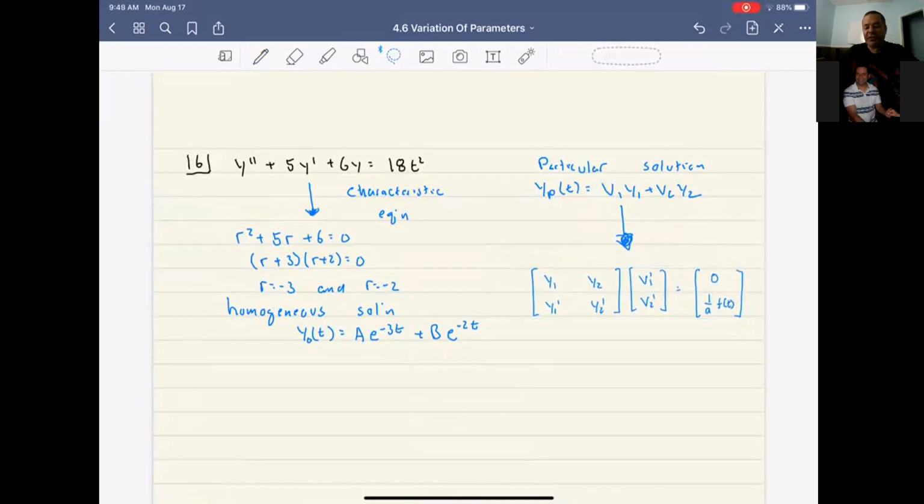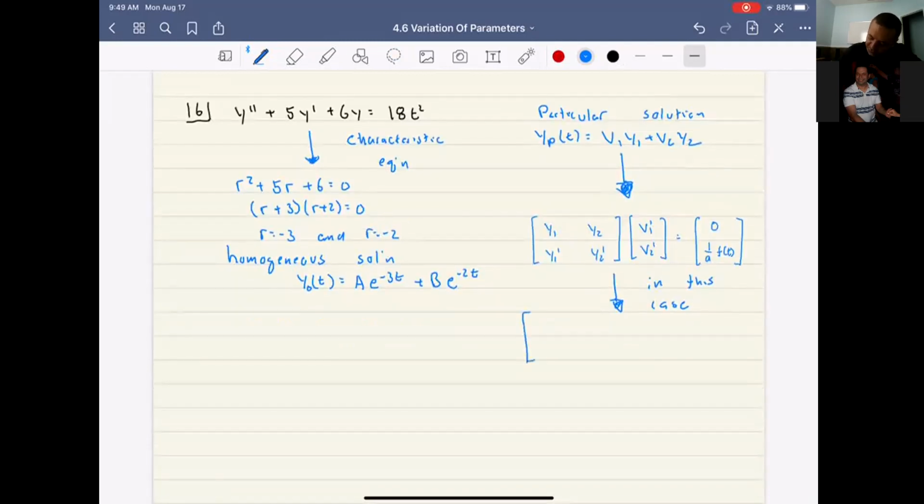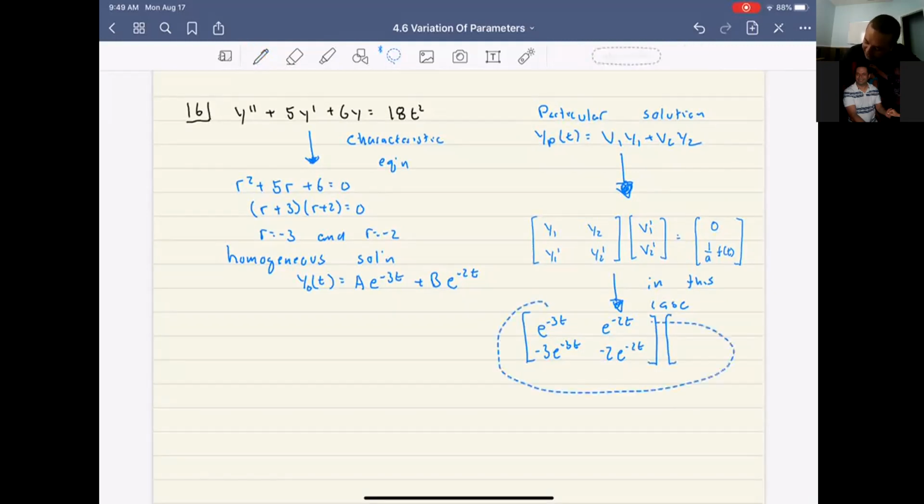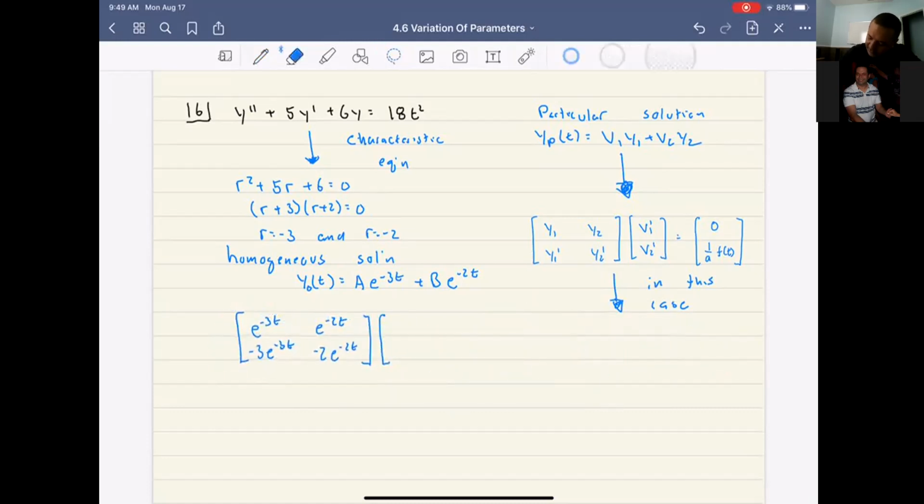To this system, which in this case is e to the -3t, e to the -2t, -3 e to the -3t, -2 e to the -2t, times V1 prime, V2 prime equals 0, 18t squared.